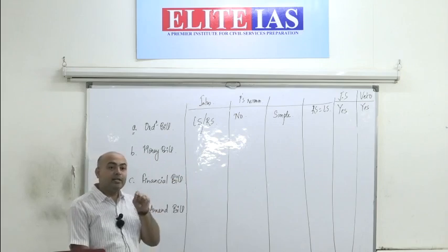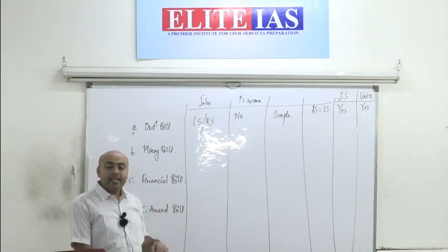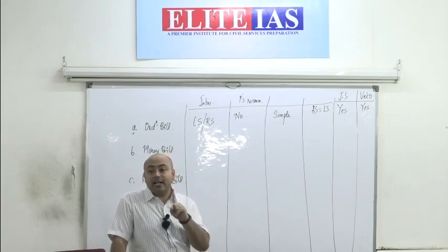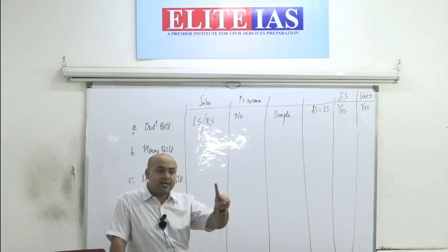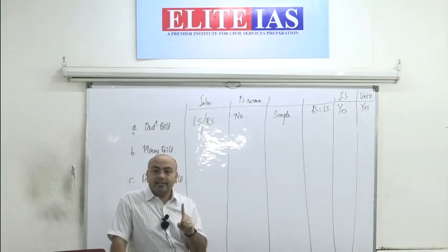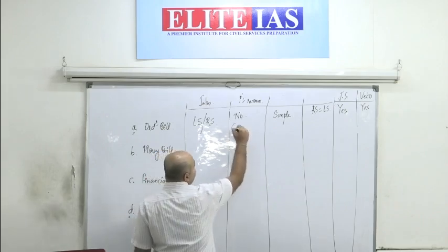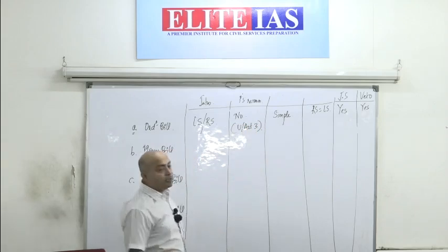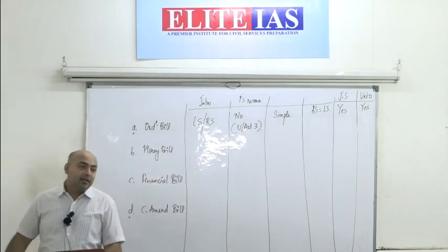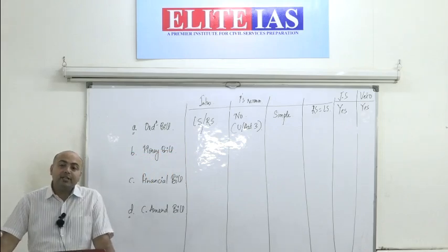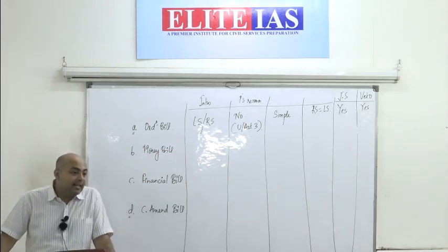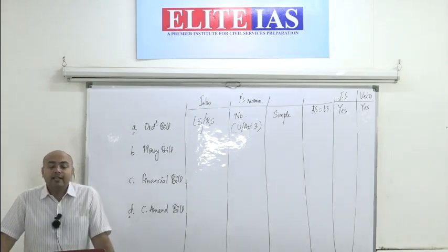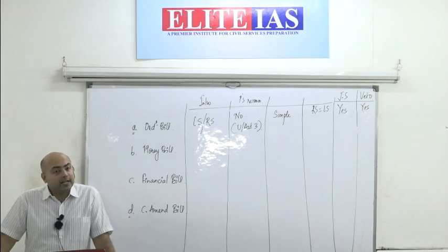Clear? There is one addition to it. Again, a very potent question in your prelims examination. There is one type of ordinary bill that requires prior recommendation of the President. Only one type of ordinary bill is there. That is mentioned under Article 3 of the Constitution. It is related to the idea that if the Parliament wants to change the name, area or boundaries of any state, in that case the bill introduced for that purpose requires a prior recommendation.